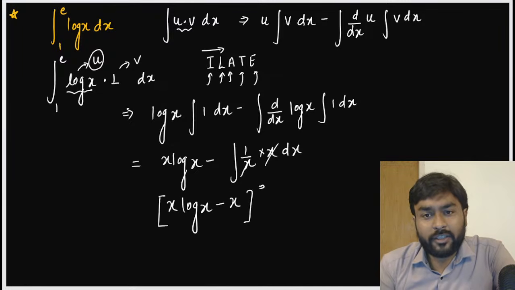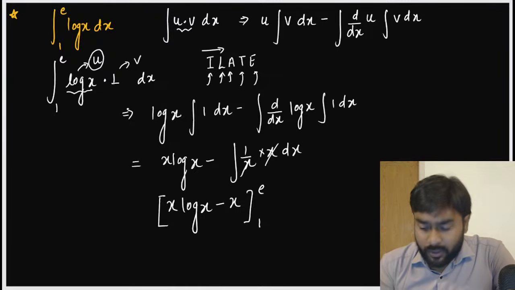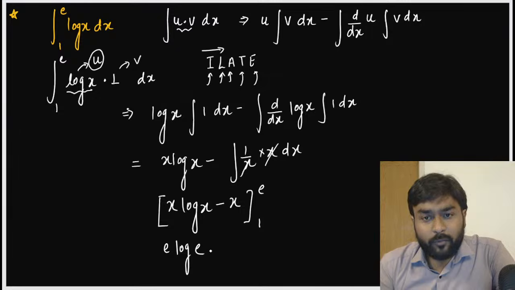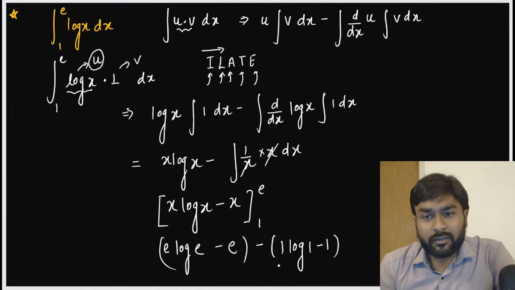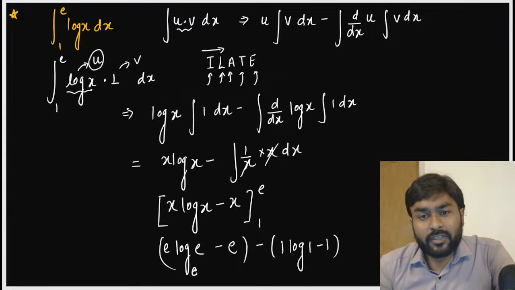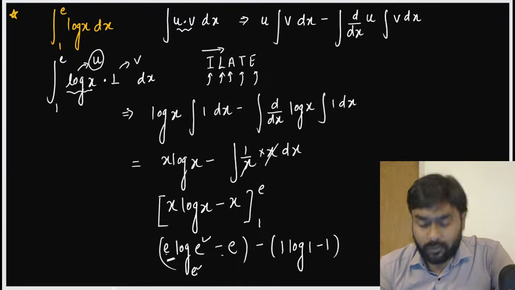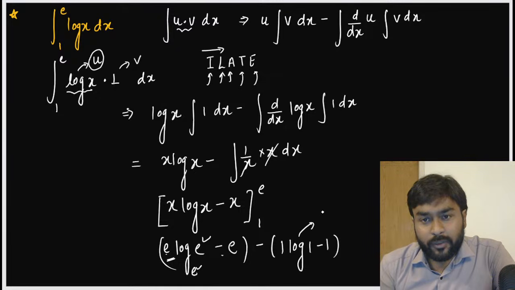Then you can apply the limits, upper limit then lower limit. So first we write the upper limit: e log e minus e, then bracket, and then the lower limit: 1 log 1 minus 1, correct? So log e base e becomes 1, and e minus e is 0.